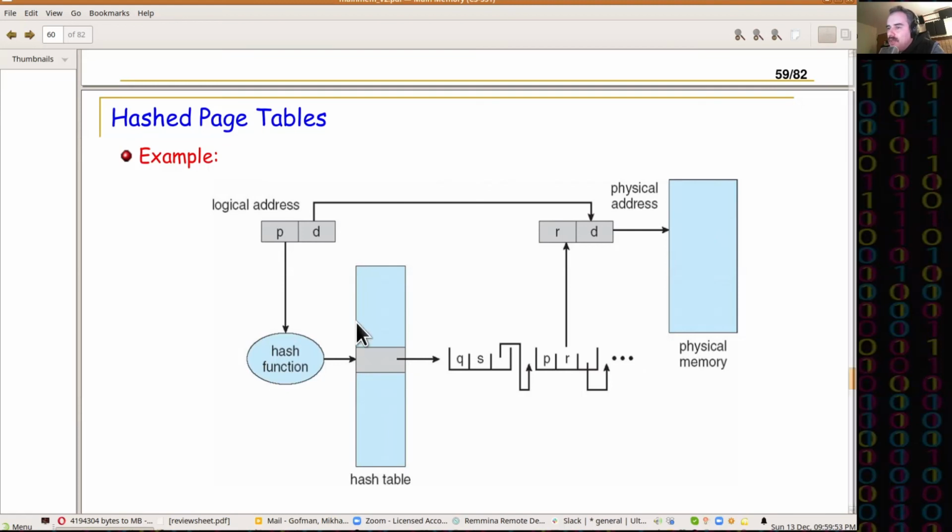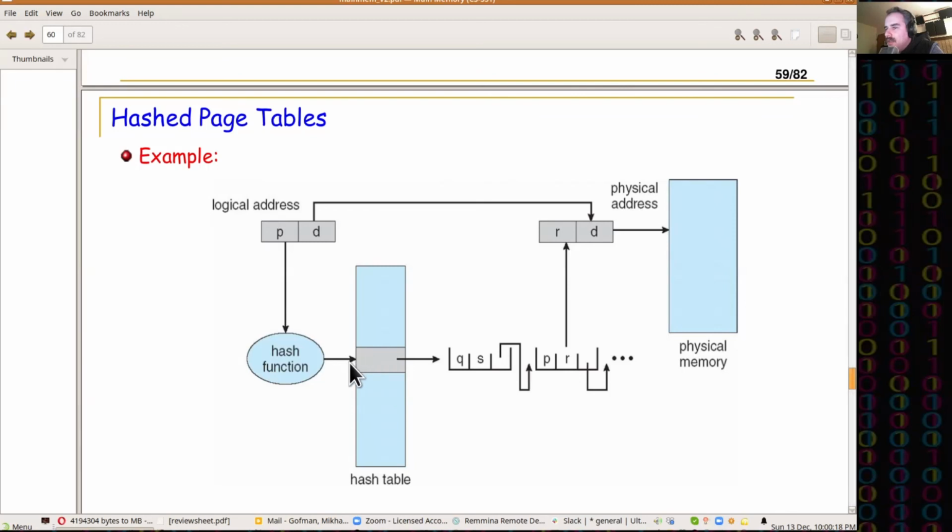So in a hashed page table, our page table will go from 0 to some maximum length n, and whenever a process wants to access a virtual page, we're going to run the page number through a hash function, which will map it into an index in this hash table.